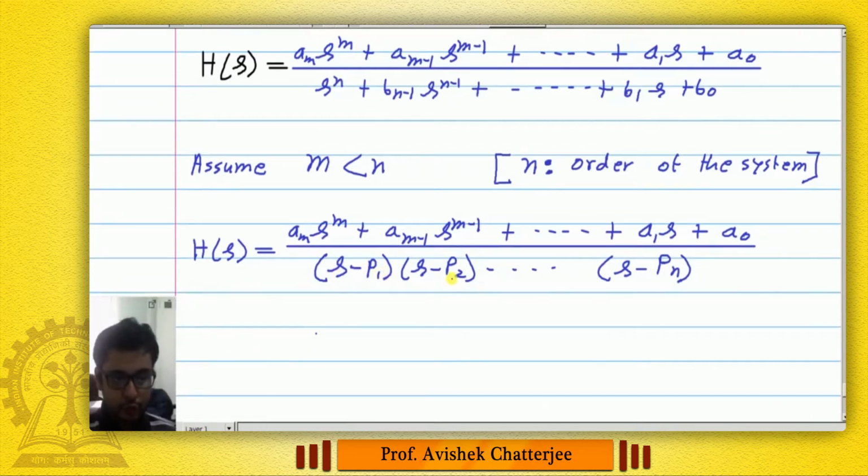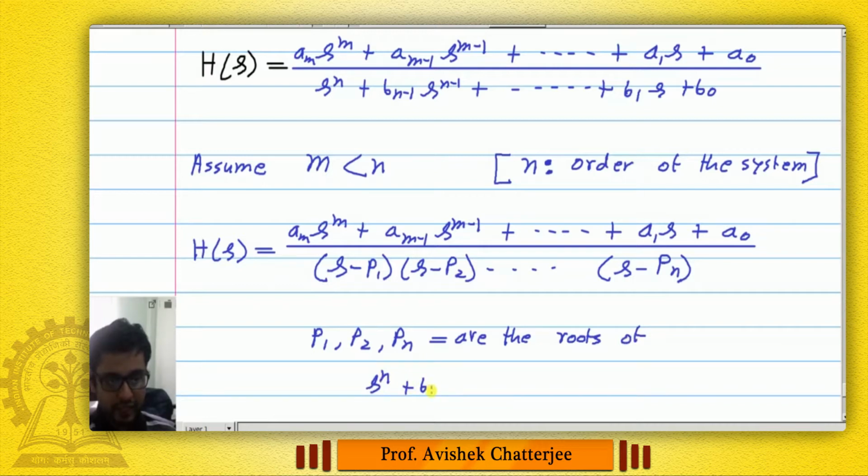These values p1, p2, ..., pn are the roots of the equation s^n plus b_(n-1) s^(n-1) plus dot dot dot plus b1 s plus b0 equal to 0. This is the denominator polynomial which is here.